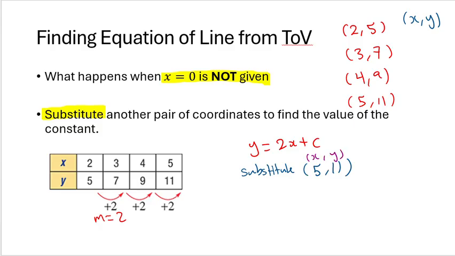Because these are written as x and y, wherever I see x, I'm going to replace it with the number 5. And then wherever y is in my rule, I'm going to replace it with the number 11 instead. Okay? So let's just do that. So 11 equals 2(5) plus c. What you're going to do now is solve for c.